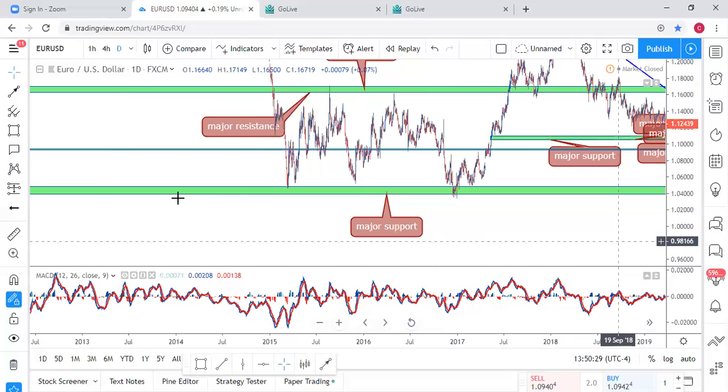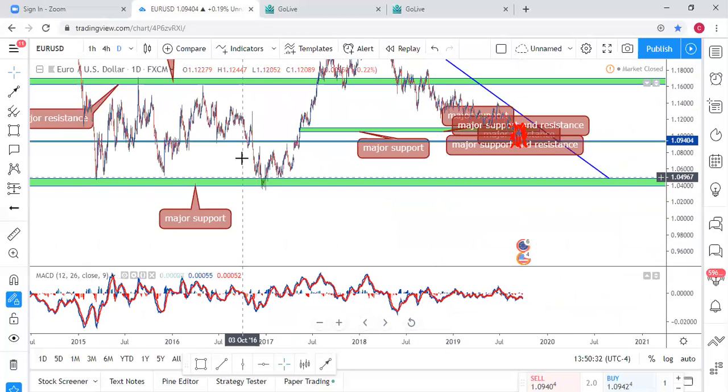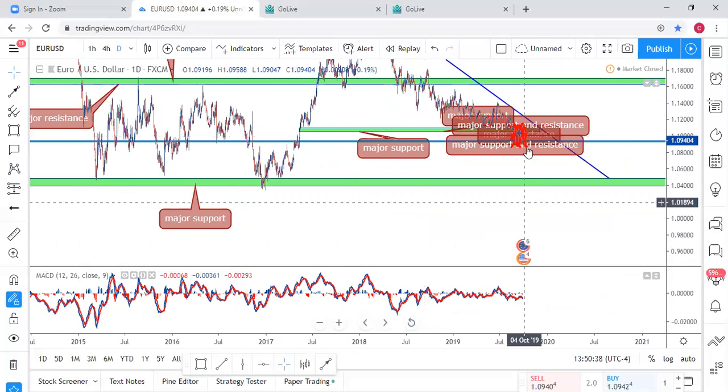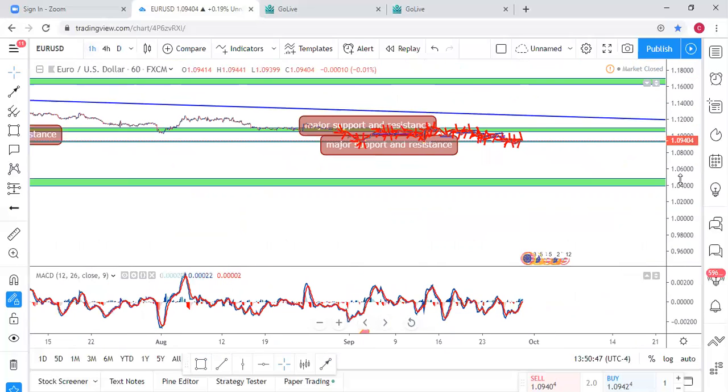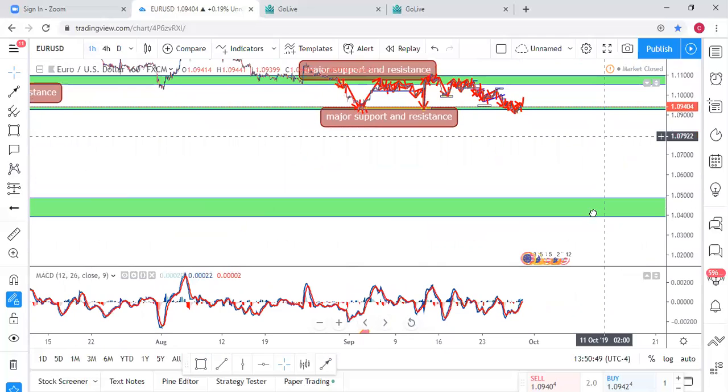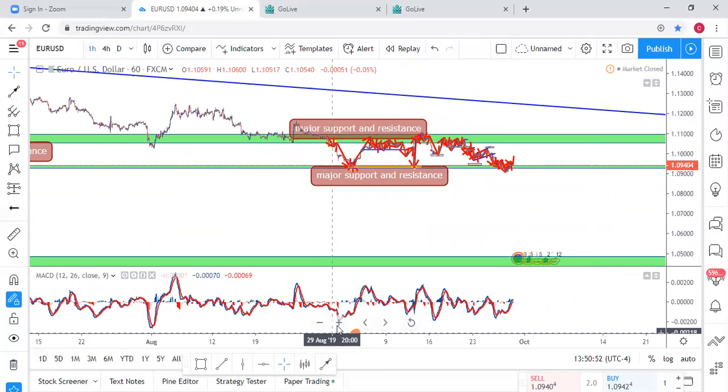See, all down here was support as well. Here was resistance and support as well. Even here was support as well. So the market can come right down to here, and it can go right back up. So I'm going to show you a classic example of how you can go about determining entries in the market.